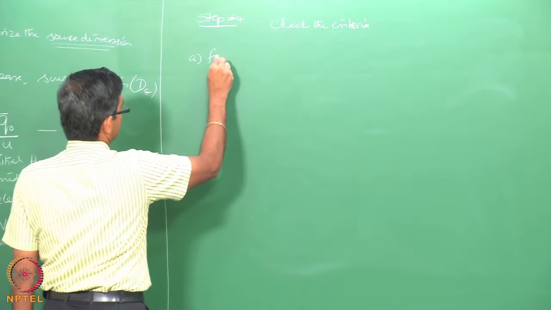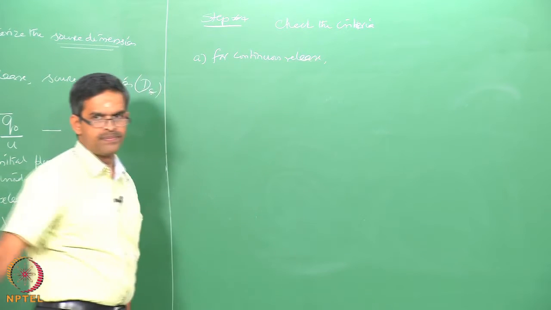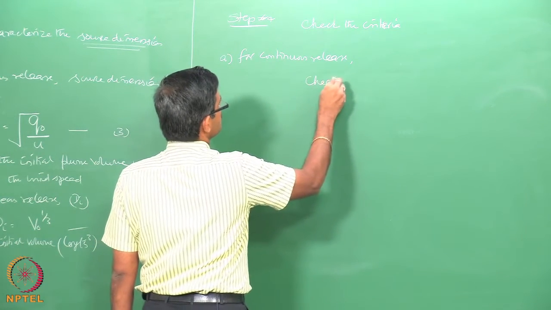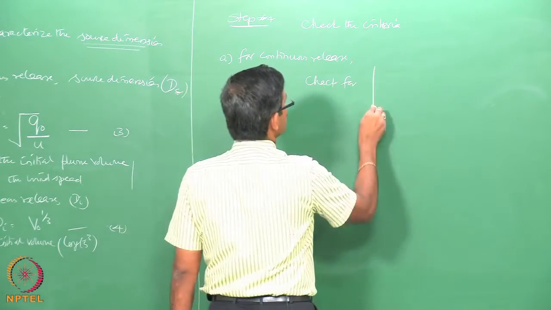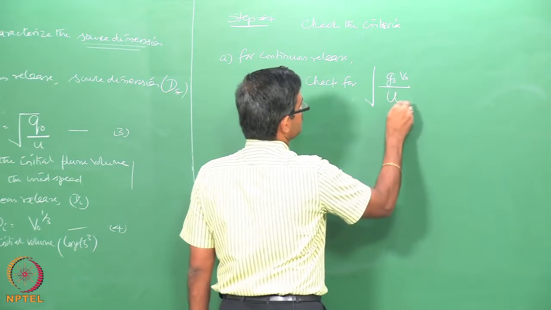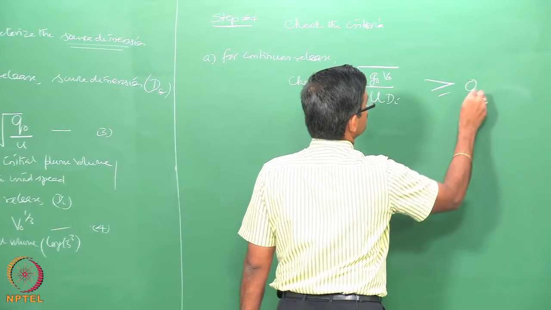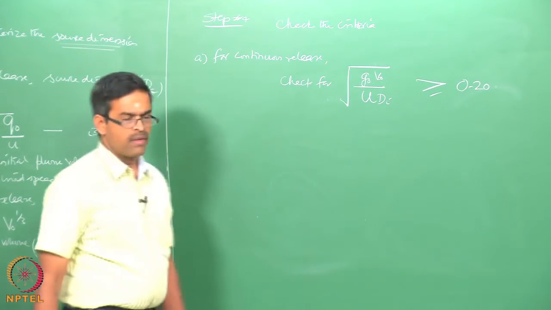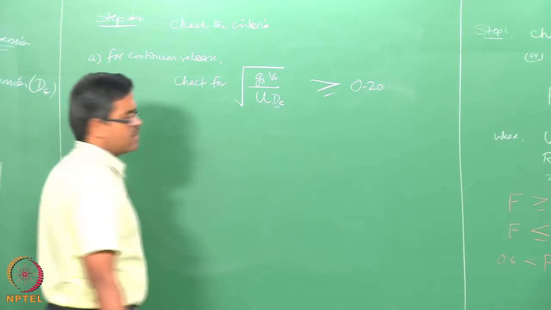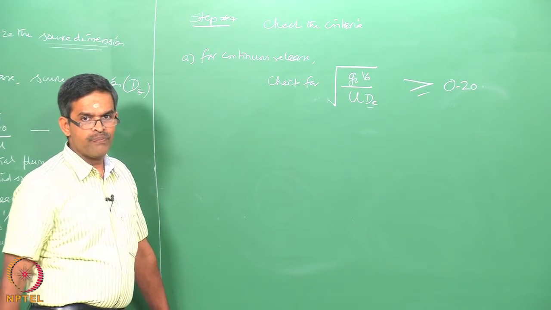For continuous release, one should check the value root of G0 V0 by u dc to be greater than or equal to 0.2, where dc is calculated from the earlier relationship, which we already know.